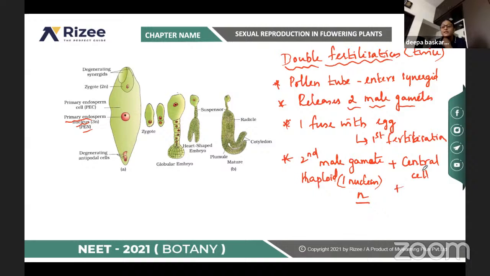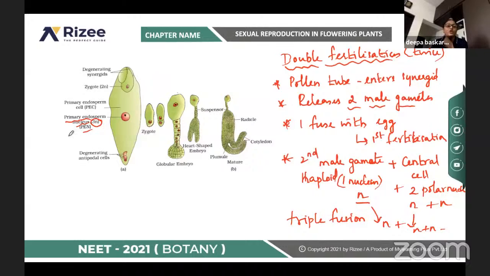And in the central cell, we have two polar nuclei, each haploid in nature. Clear? So totally how many nuclei are fused? Three nuclei. So this is called triple fusion, because this N plus the N of the polar nuclei forms the 3N status, triploid.